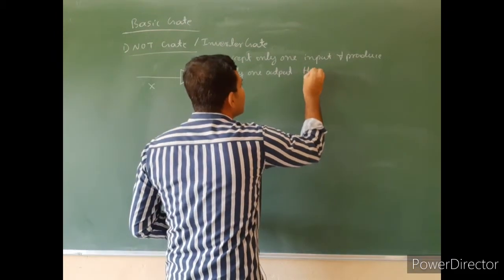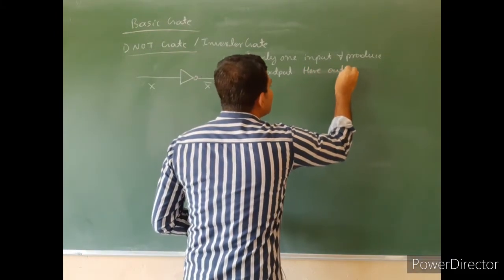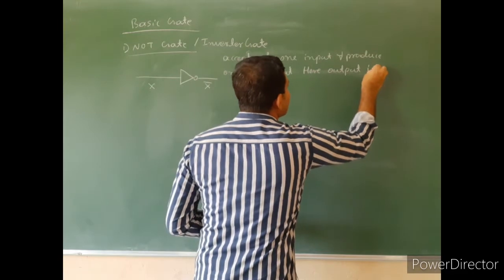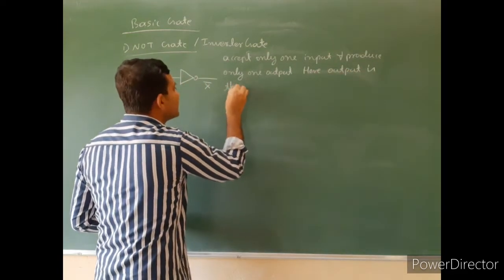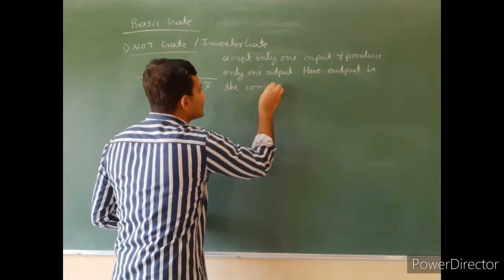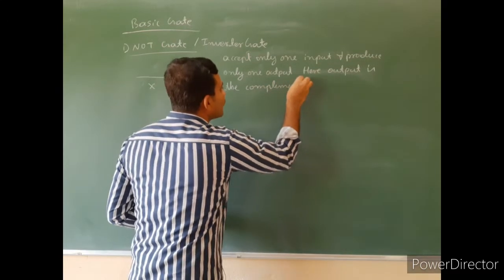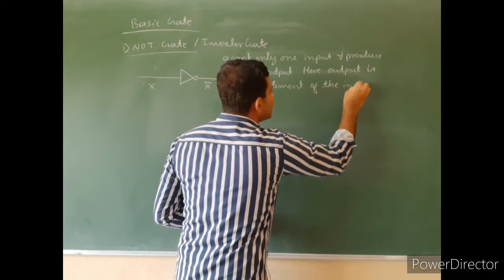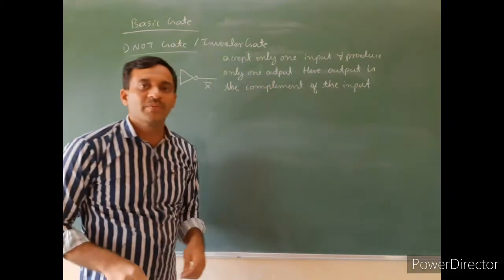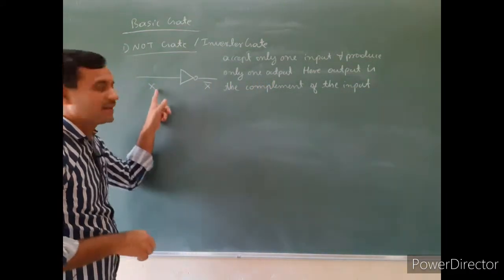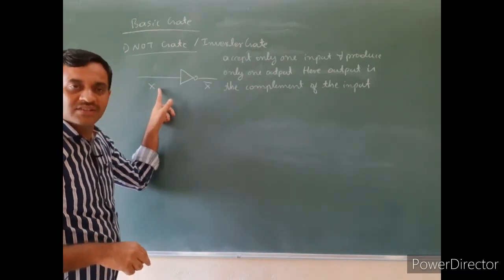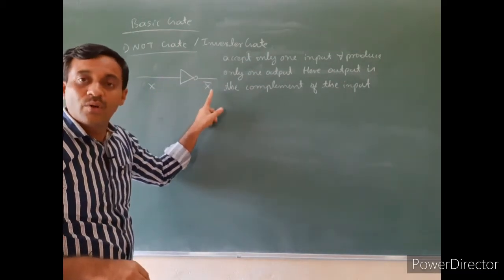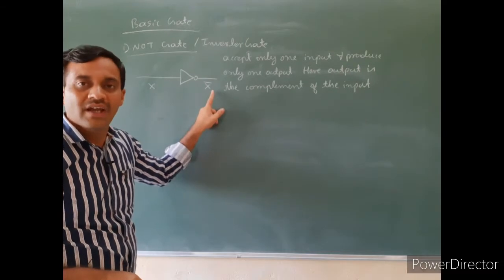Here the output is the complement of the input. Hence, it accepts only one input signal X and produces only one output signal, that is X bar.